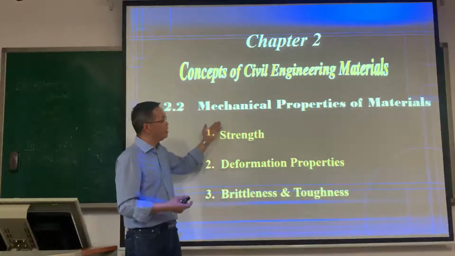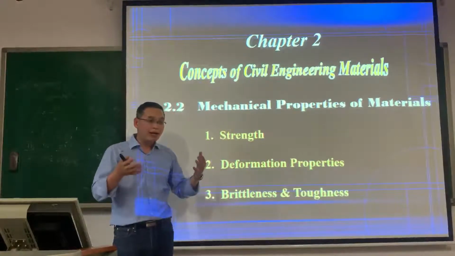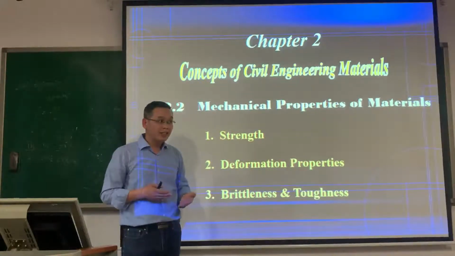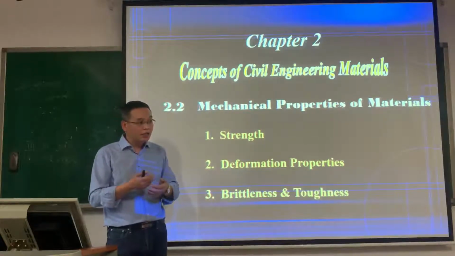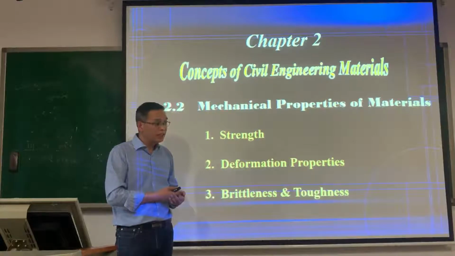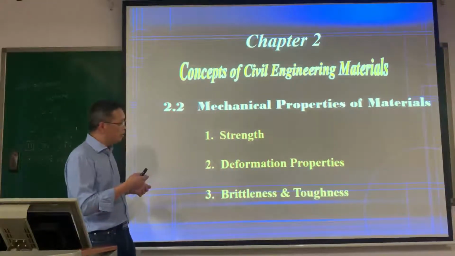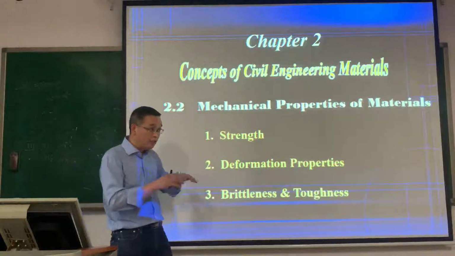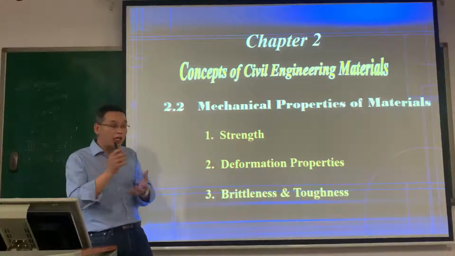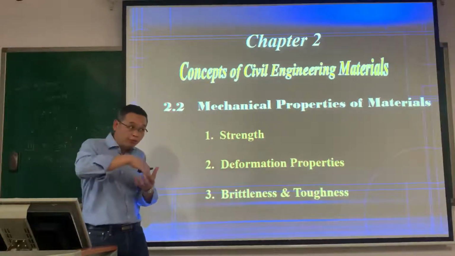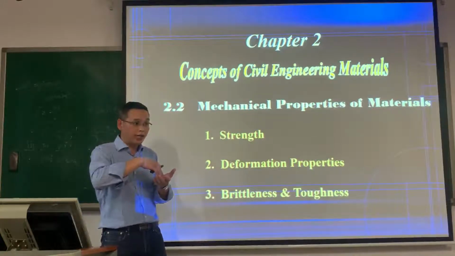For example, maybe we can think about the strength, the displacement, and the deformation. Yes, deformation. Because if we apply a load to materials, we don't want deformation to occur.